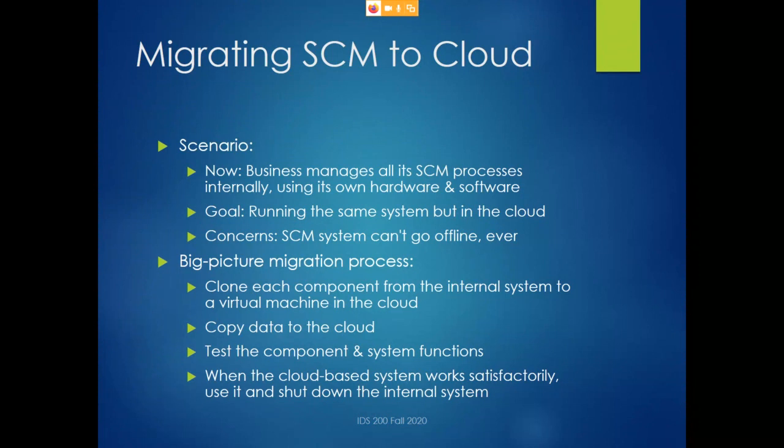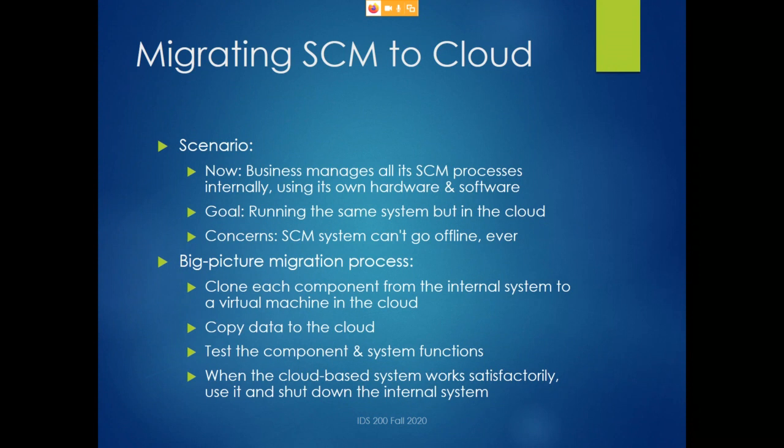So, the big picture migration process. Number one, clone each component from the internal system and make a copy of it in the cloud, what's called a virtual machine. So everything that the system does, all of those modular components, have them up and running in the cloud. Once that's done, you can copy your data to the cloud. However many terabytes of data, or petabytes even, whatever you have, you get that all up in the cloud as well. And then you test it.